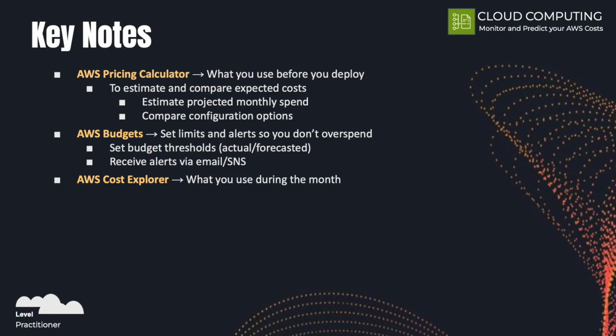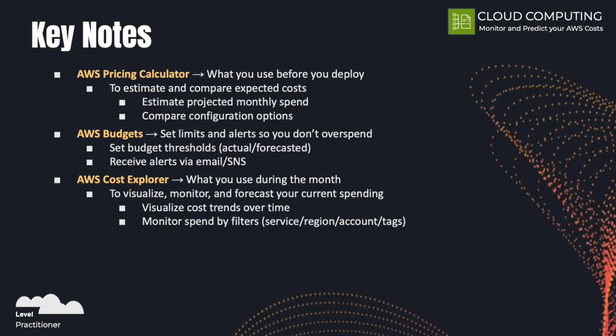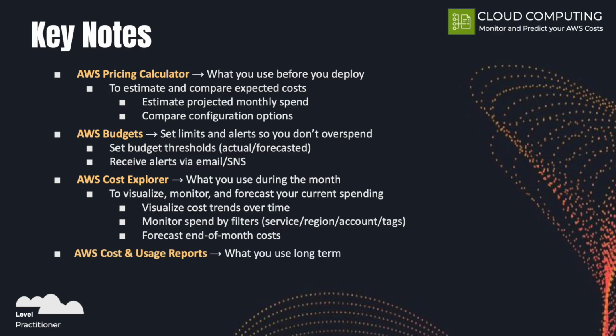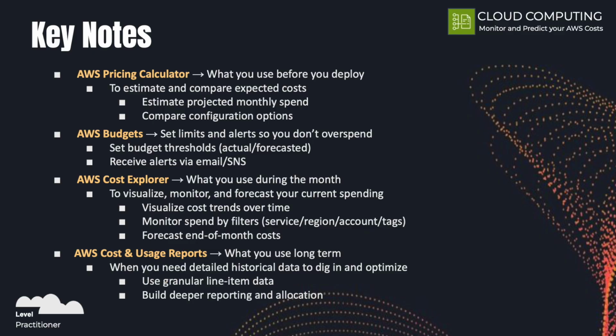AWS Cost Explorer is what you use during the month to visualize, monitor, and forecast your current spending. And AWS Cost and Usage Reports, or CUR, are what you use long-term when you need detailed historical data to dig in and optimize. If you keep that simple flow in mind, estimate, protect, monitor, and analyze, you'll have a much clearer way to stay in control of your AWS costs.